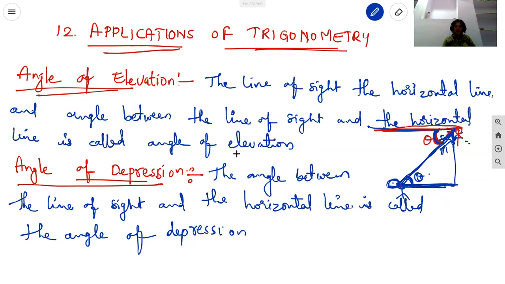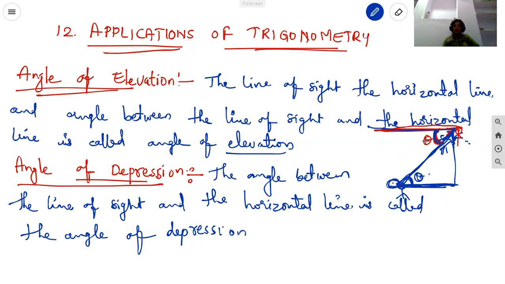The definitions of angle of elevation and angle of depression are the same, but the seeing positions are different. In the angle of elevation, we are on the earth. In the angle of depression, we are on the top of the building, the top of the pole or the top of the temple, whatever it may be.